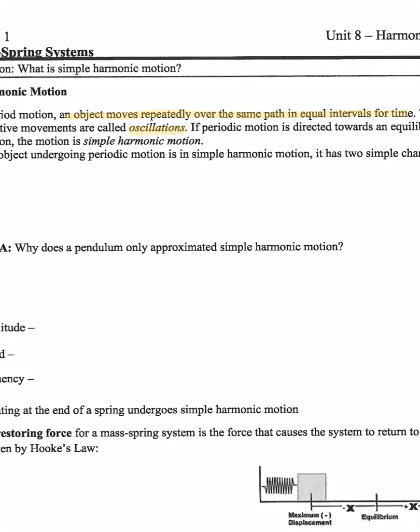This is the exact same motion as the pendulum, isn't it? Only it's linear instead of two-dimensional. Same places, same behavior. No kinetic energy, no velocity. All potential. But instead of gravitational, it's now what? Spring. 1/2 kx squared, right?